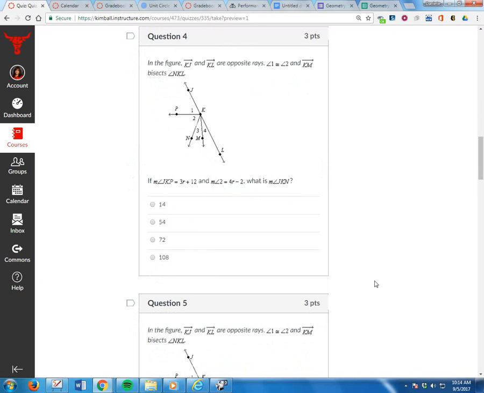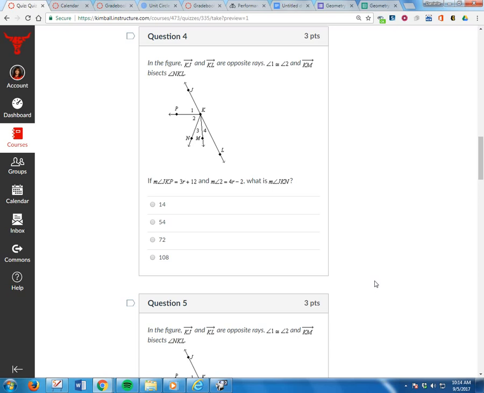Okay, again, same figure. Now we've got JKP is 3r plus 12. So angle 1 is 3r plus 12. Angle 2 is 4r minus 2. So what do we know about angle 1 and angle 2? They're equal. So I'm just going to set 3r plus 12 equal to 4r minus 2.